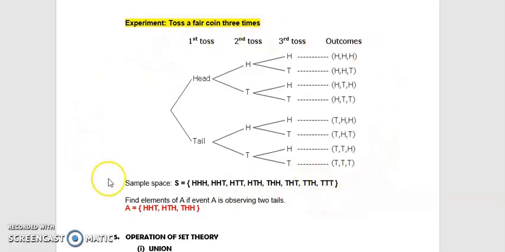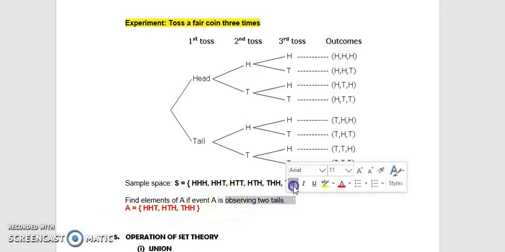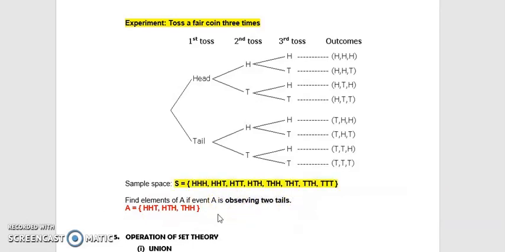Let's say from this experiment we want to find the elements of A, if event A is observing 2 tails. So now we want to find set A. Before I continue, please make a correction here. If you refer to the elements in A here, this should be not 2 tails but 2 heads.